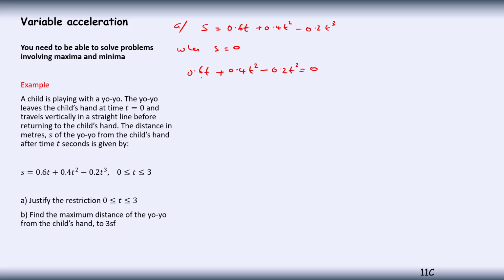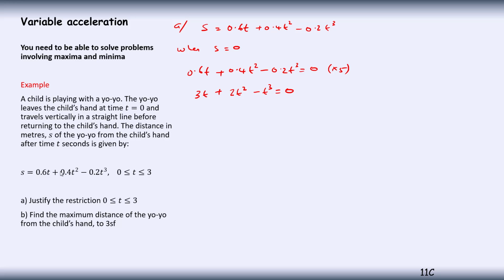Now these are not nice numbers to deal with, but I can see if I multiply them by 5, I get much nicer numbers. 0.6 times 5 gives me 3t, plus 0.4 times 5 gives me 2t squared, and 0.2 times 5 gives me 1, so I get minus t cubed equal to 0, which are much nicer numbers.